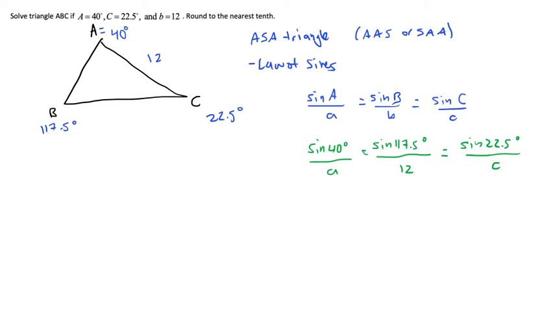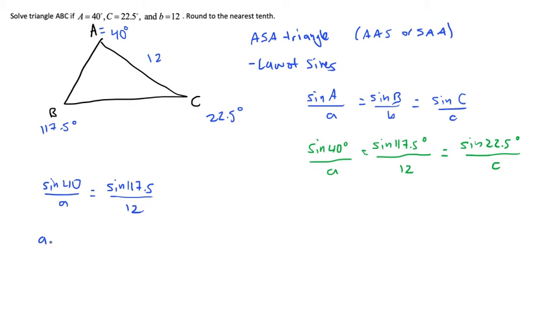So check this out. Sine of 40 over A equals sine of 117.5 over 12. And notice that I know this value, I know this value, and I know this value. So I can just use some algebra and solve for the length of side A. Let's cross multiply these.